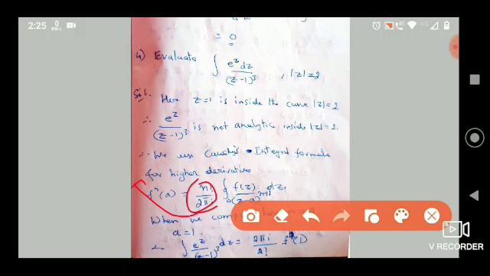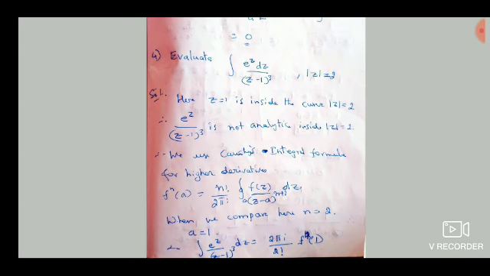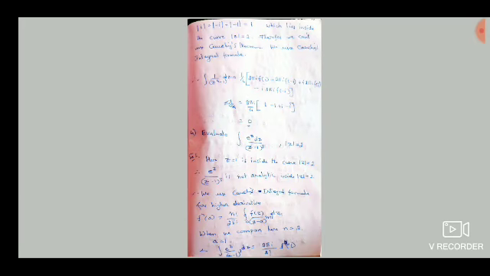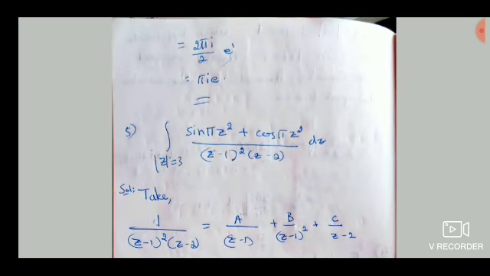What is n here? N is 2, so 2 factorial and 2 pi I times f double dash. That is, you have to differentiate f. What is f here? F is e power z. You have to differentiate twice f of z. So what is the differentiation of f of z? E power z only. A is 1, so you substitute e power 1, 2 pi I divided by 2. 2 cancels. You will get pi I into e.